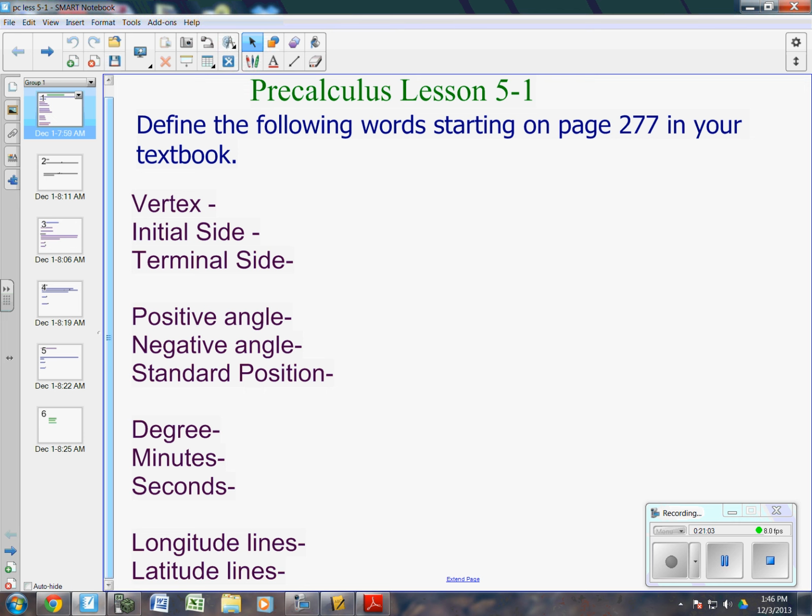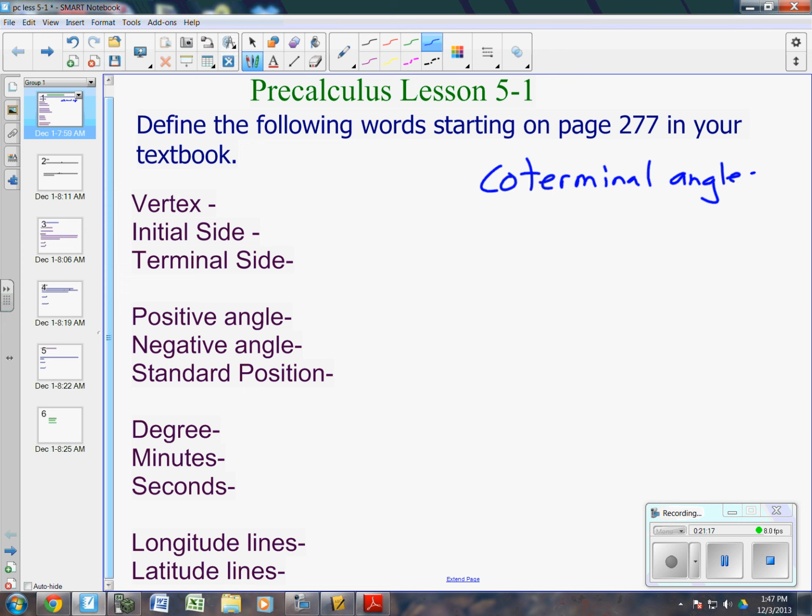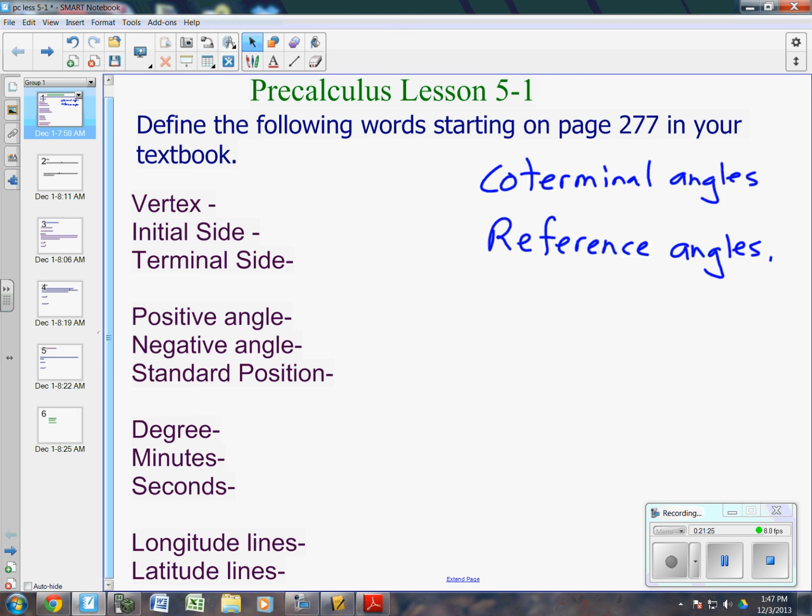In fact, I want you to add these 2 words: coterminal angles and reference angles. So in your notes, you'll want to have all those. I'm going to give you 5 minutes right now to define those, and then we'll go on with the lesson.